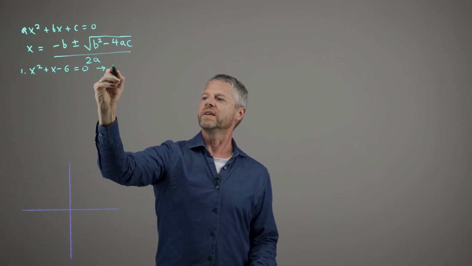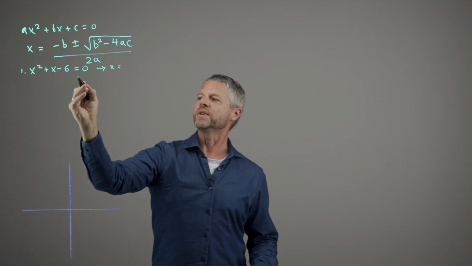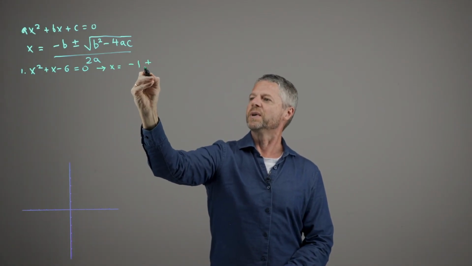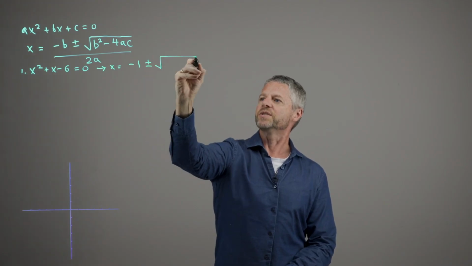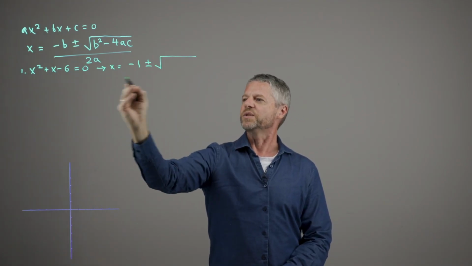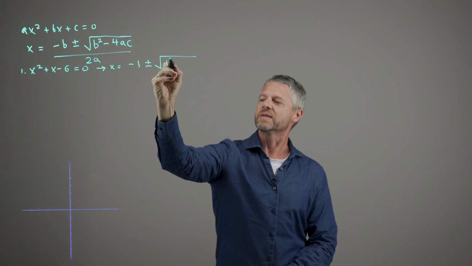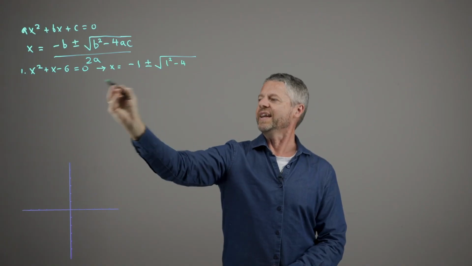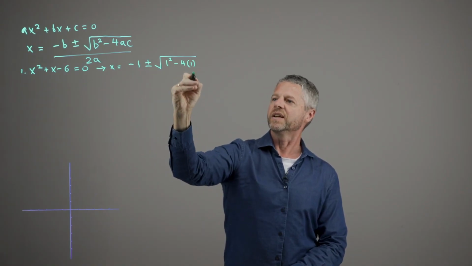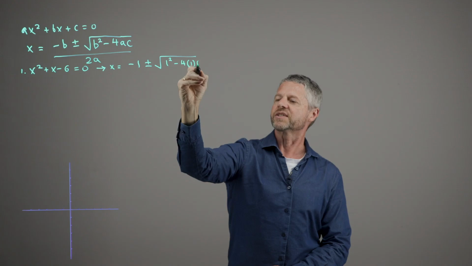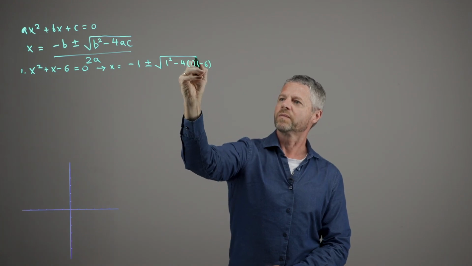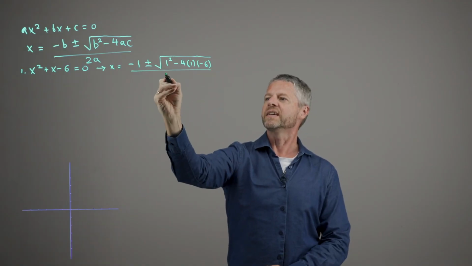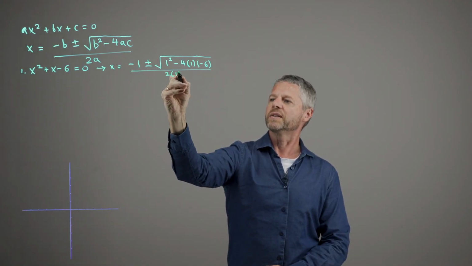So x will be equal to minus b, so minus 1, plus or minus square root of b squared, so 1 squared, minus 4 times a, which is 1, times c, which is minus 6. And then the whole thing gets divided by 2 times a, 2 times 1.